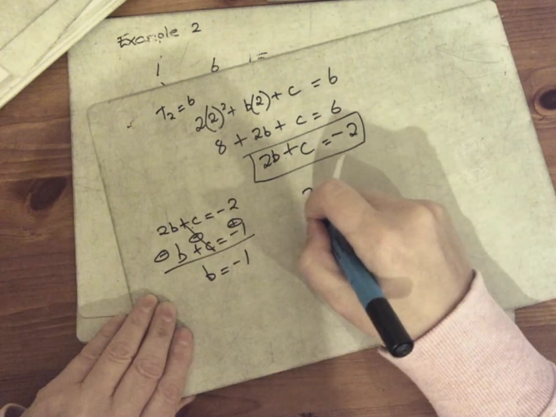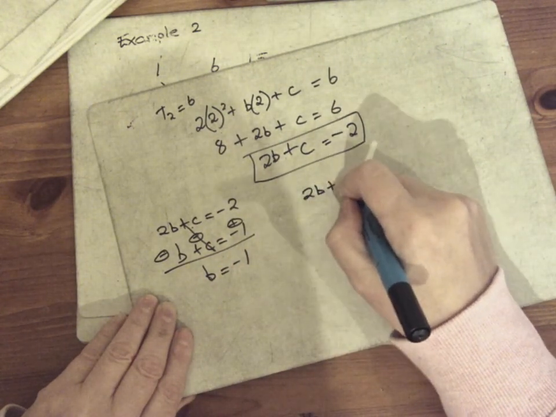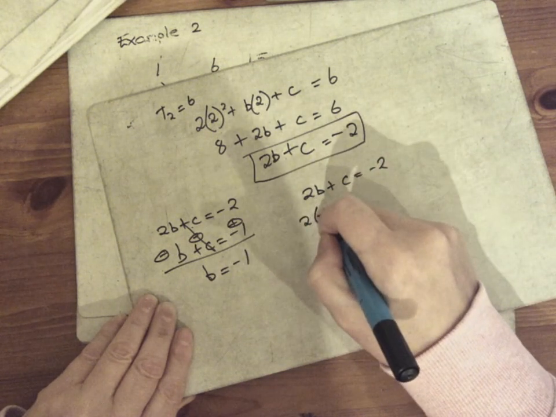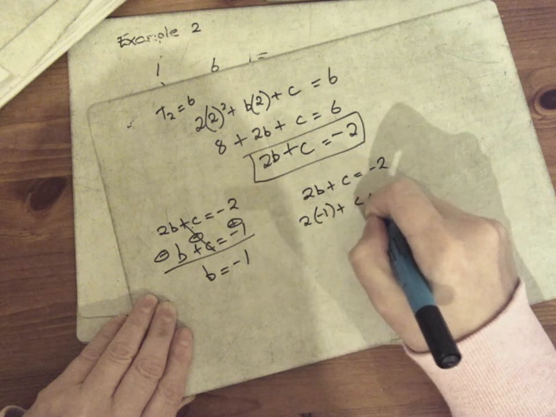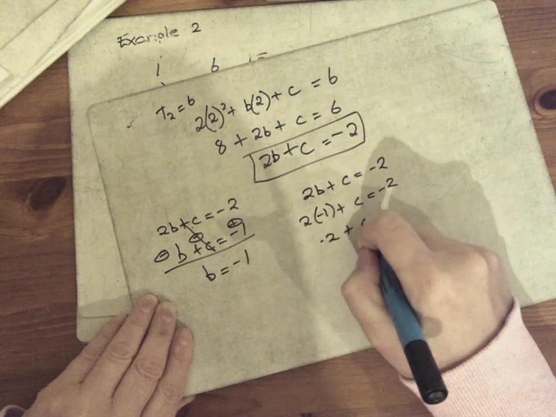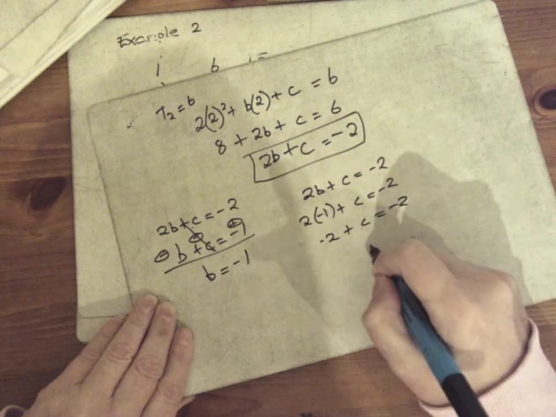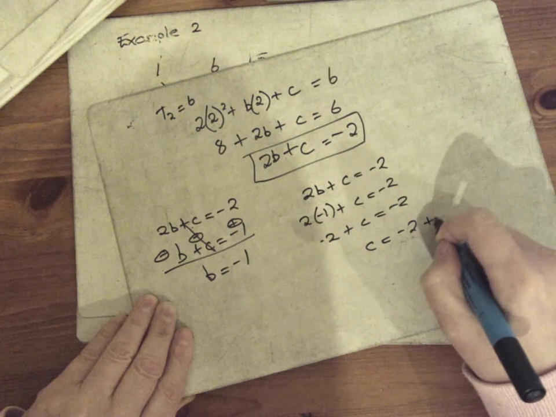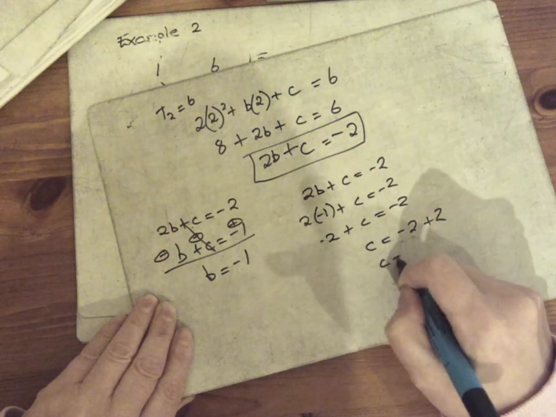So then I take either equation, 2b plus c equals minus 2. So it's 2 times minus 1 plus c equals minus 2. So that's minus 2 plus c equals minus 2. So c is equal to minus 2 plus 2 when it comes over. So that means c is equal to 0.